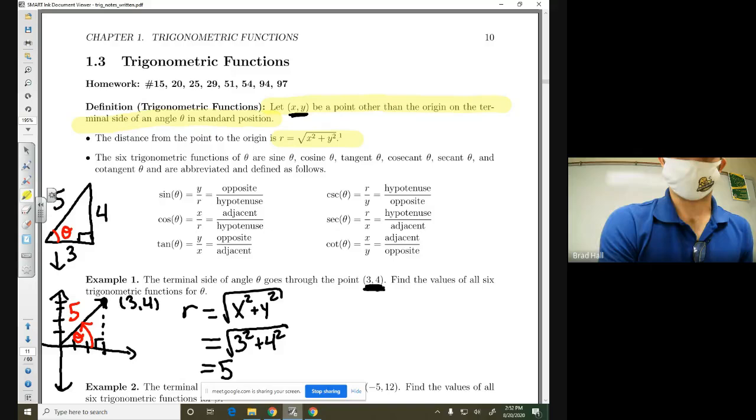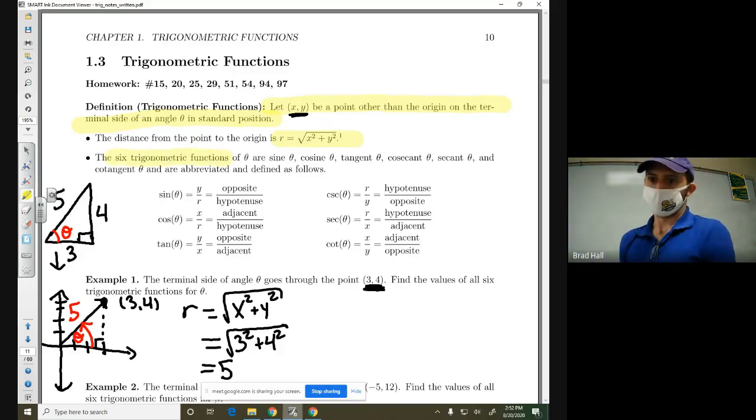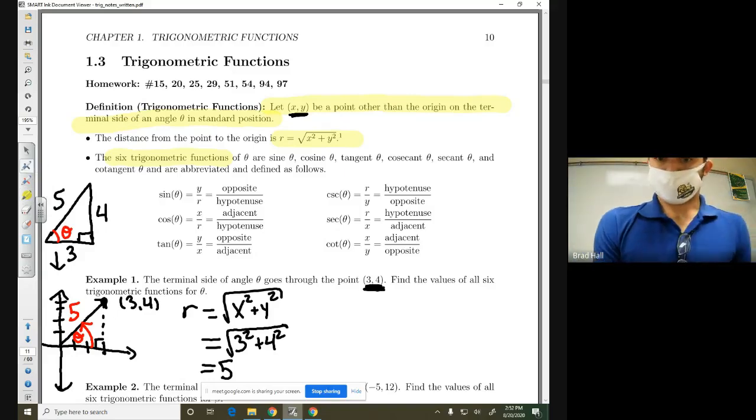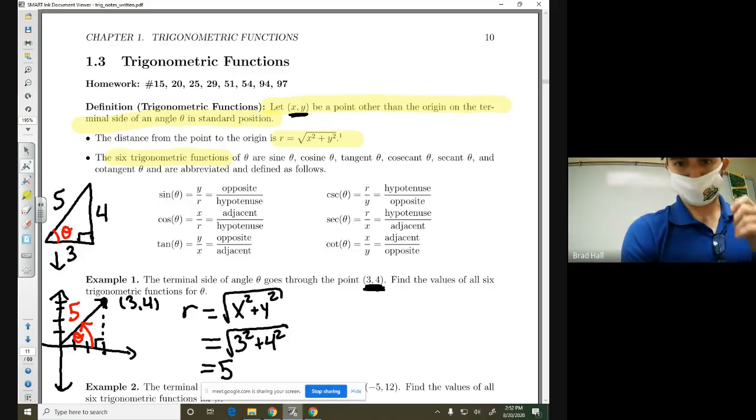Now we're going to figure out the 6 trig functions. This is when that SOHCAHTOA comes into play. It's very popular in trig classes. What does SOHCAHTOA represent? Some old hippie caught another hippie tripping on acid.